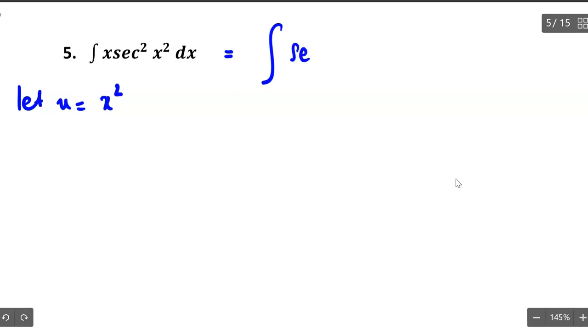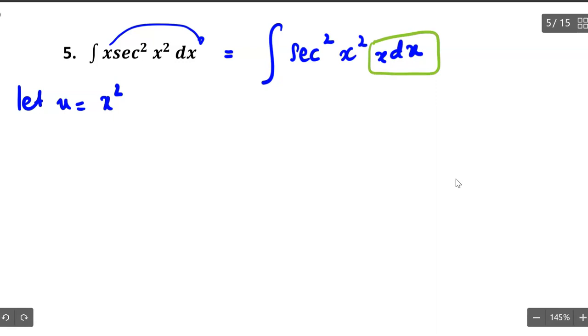We have secant square of x squared times x dx. So you may want to bring the x to the back and multiply with dx. The x dx is something you have to match so that you can pull out the du factor. So in this case, what is the derivative of u equal to x squared? du over dx equals 2x. That means du over 2 equals x dx.